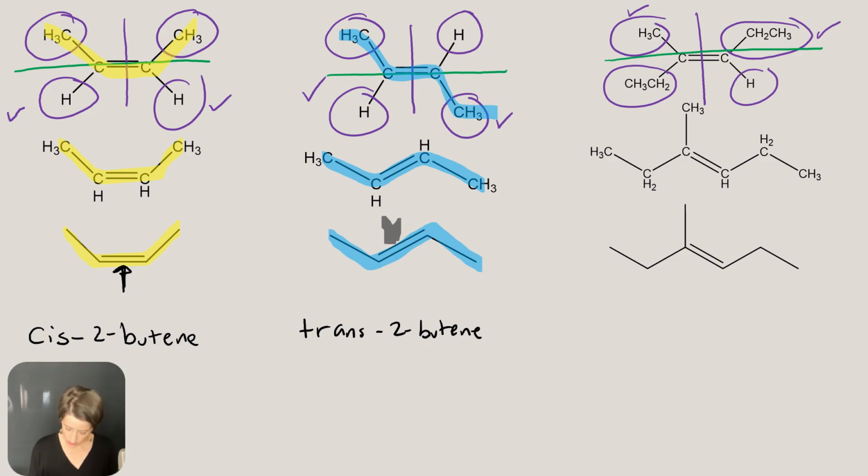Those are where the electrons are going to be so that we can identify cis or trans. So we have this double bond and we want to maintain the longest parent chain. So it's going to go to the ethyl groups on either side. Based off of this, we can see that those groups are opposite of each other. So we know that this is going to have a trans configuration.